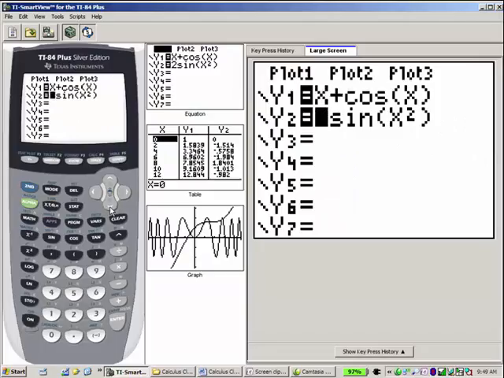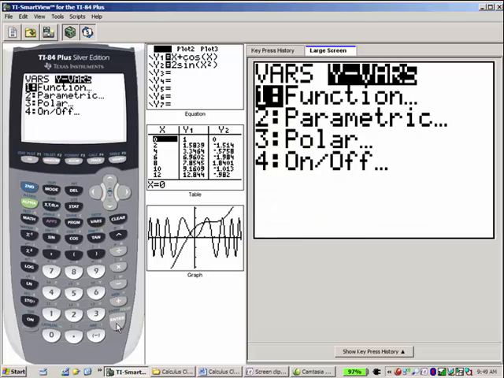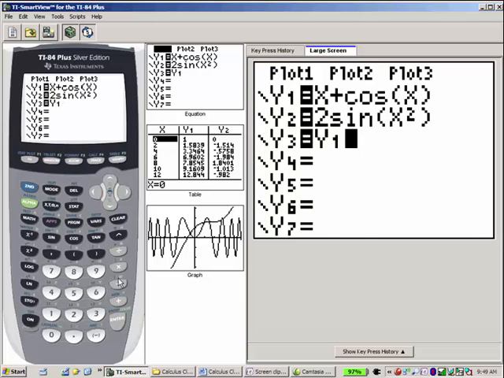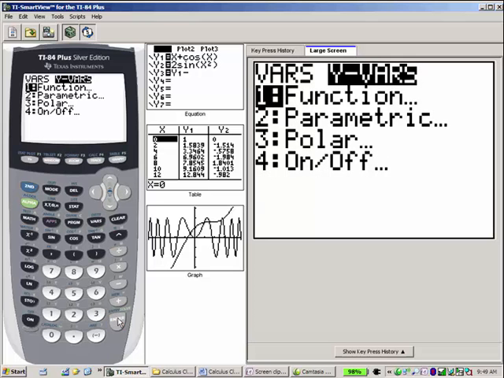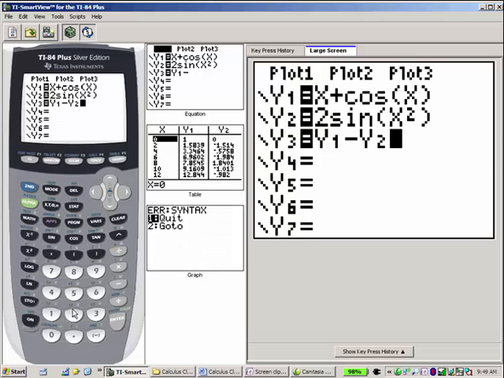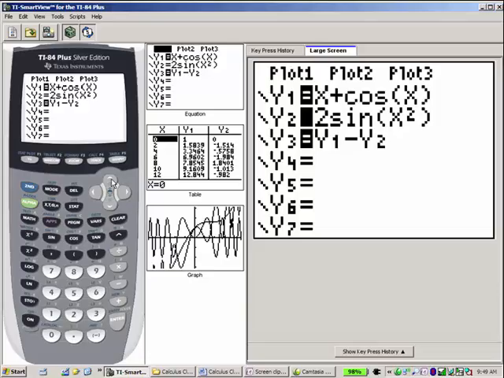If we just looked at Vars, Y-Vars, y1 minus Vars, Y-Vars, y2, and I'm actually going to turn off my other two functions. I'm just going to look at the difference of the two functions, because that's going to be the height of the rectangles.